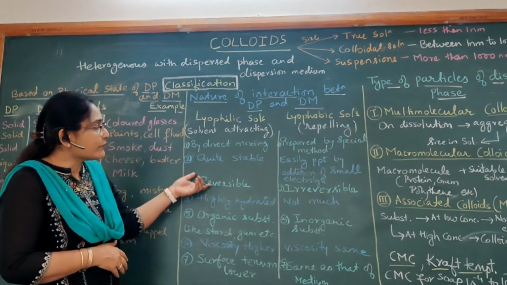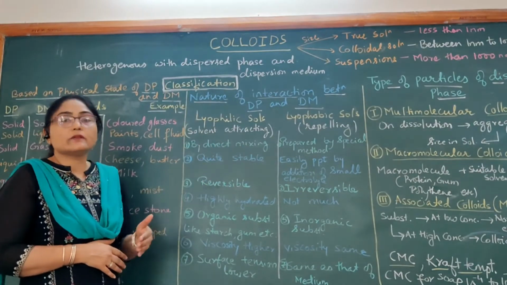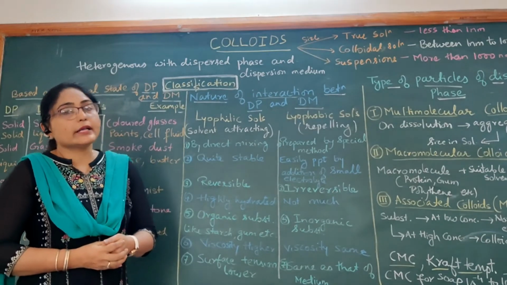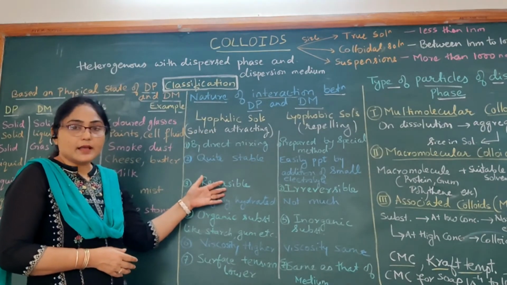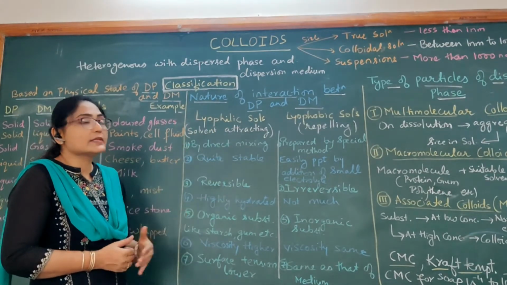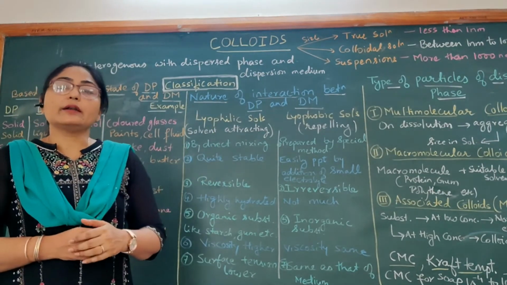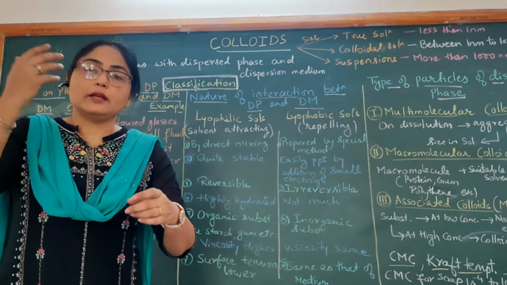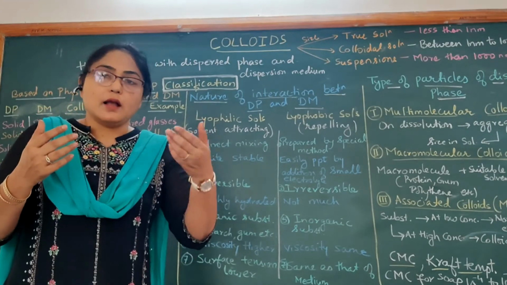Then the next differentiation between lyophilic and lyophobic salts is on the basis of whether they are reversible or irreversible reactions. So lyophilic salts are reversible, while lyophobic salts are irreversible. For example, with the gum solution, you precipitate it, you vaporize the solvent, that is the water.